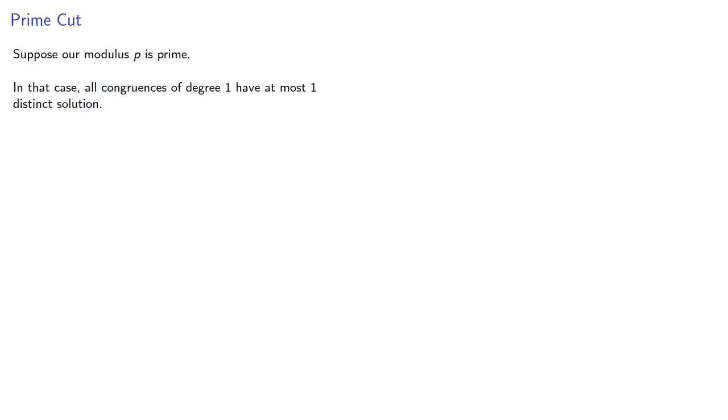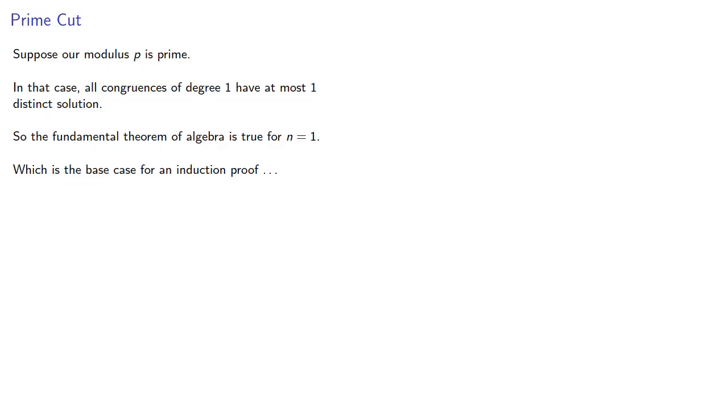Now, again, it's easiest to begin with prime, so suppose our modulus is prime. Then, in that case, all congruences of degree 1 have at most one distinct solution. So the fundamental theorem of algebra is true for first-degree polynomials, which is the base case for an induction proof.